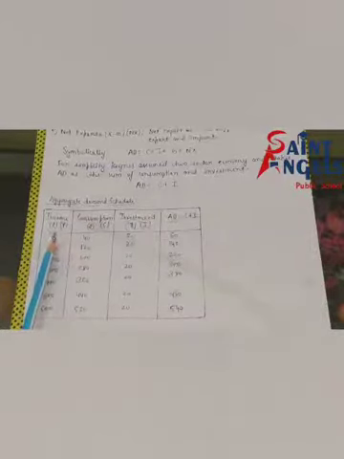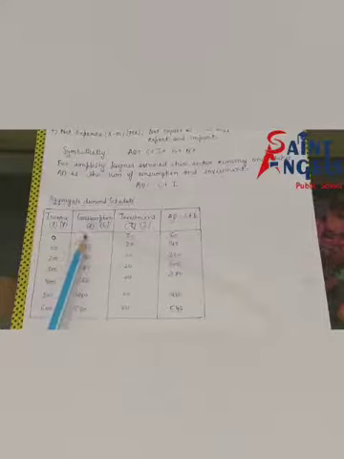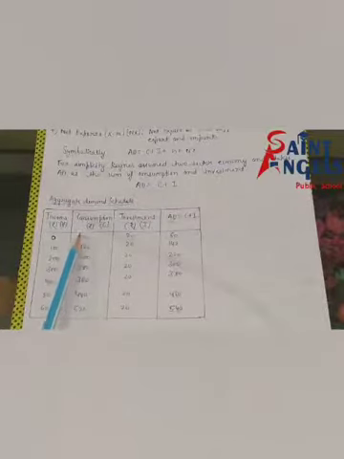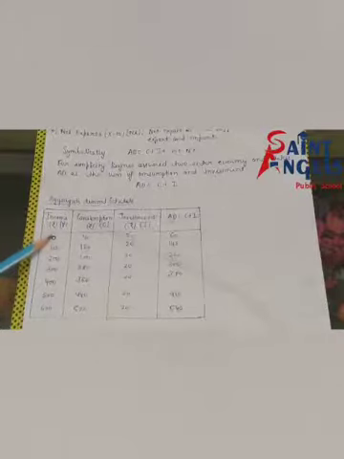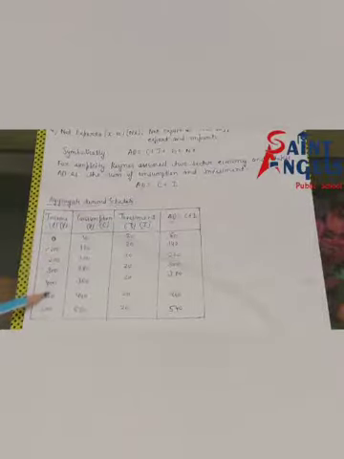Suppose you can take 20, 30, 40, 50, 60, 70, 80, 90, but that should be less than 100, because I am increasing income at the rate of 100. I hope all of you have understood.